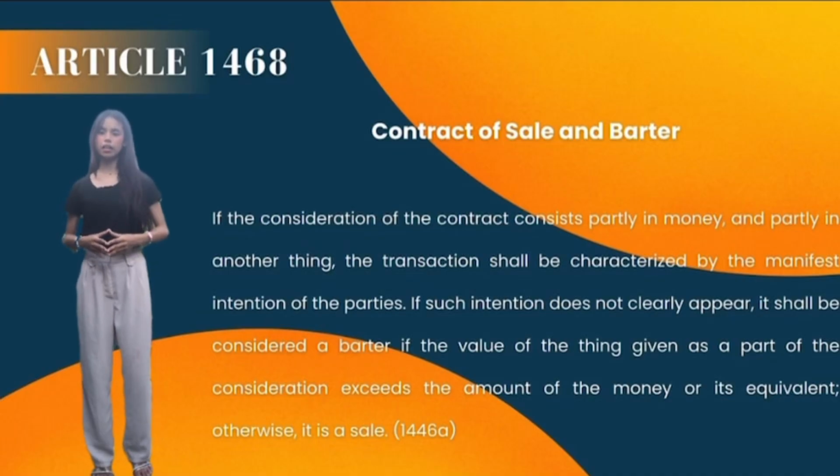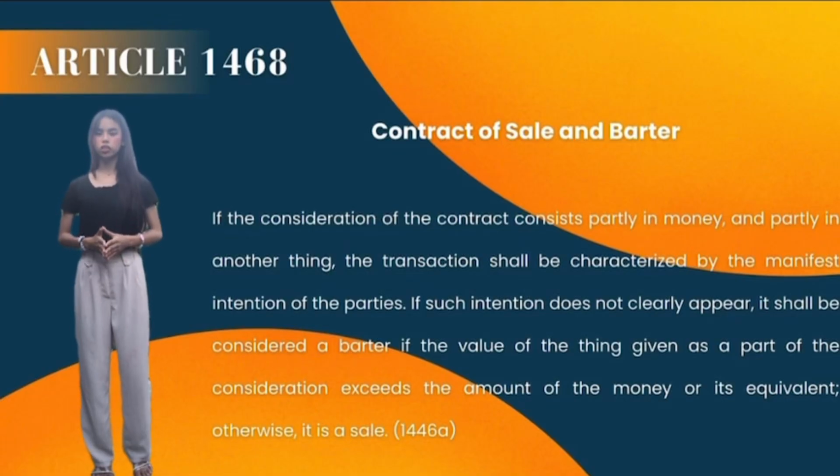This article tells us that first and foremost, we look at the manifest intention of the parties. What did you and the other person intend that transaction to be? Did you both see it primarily as a purchase with the item just a part of the payment? Or did it feel more like an exchange of goods with some money involved to even things out?